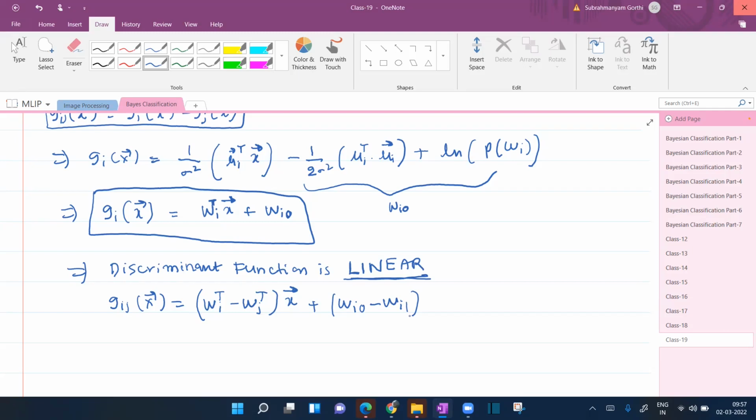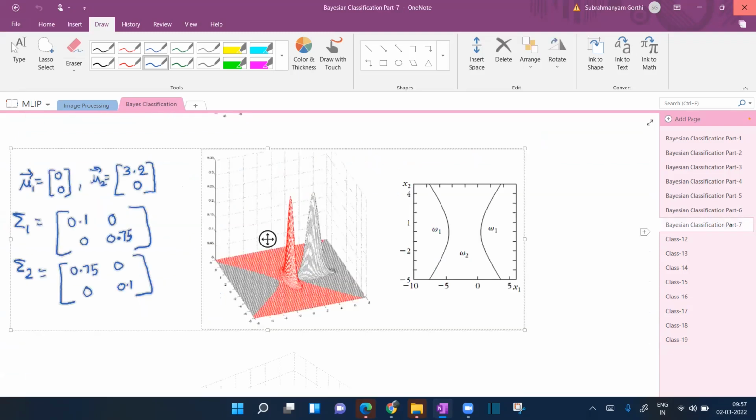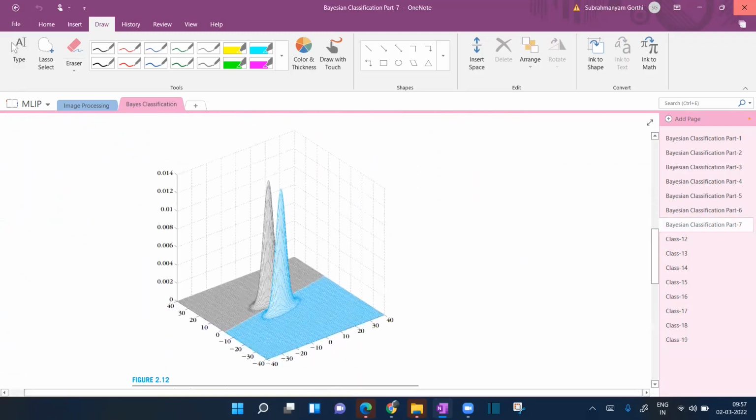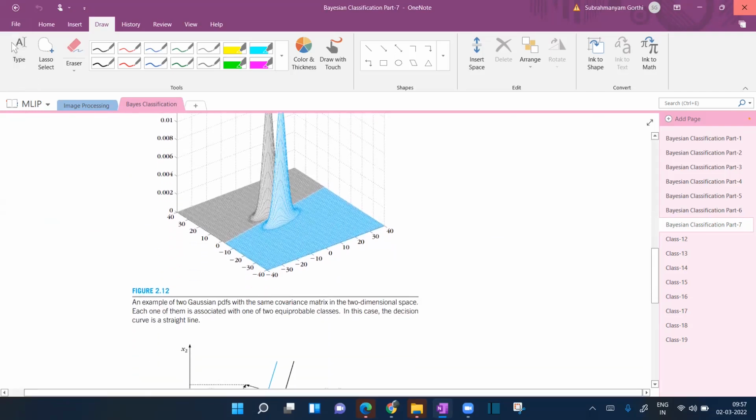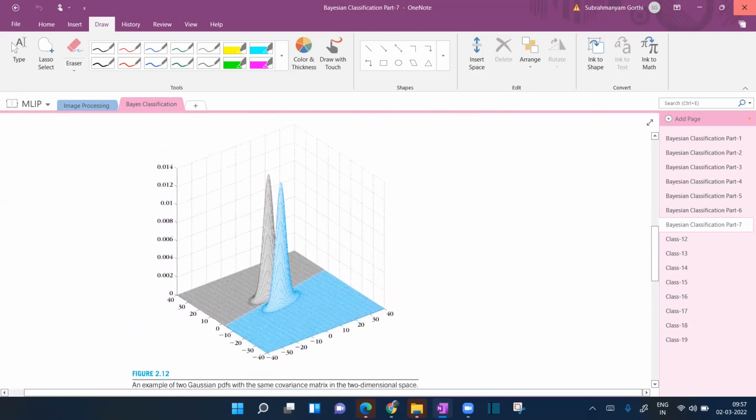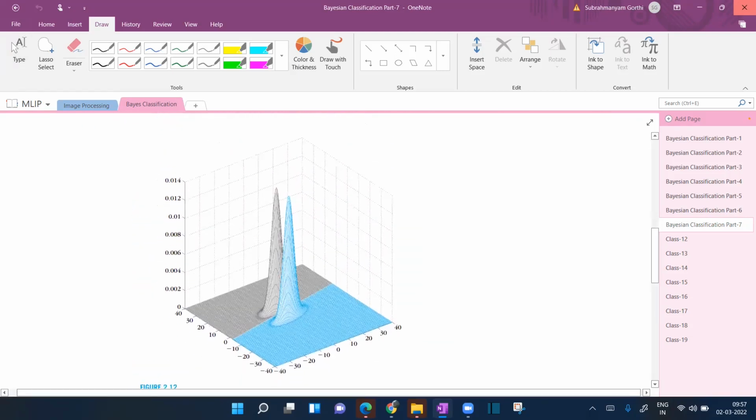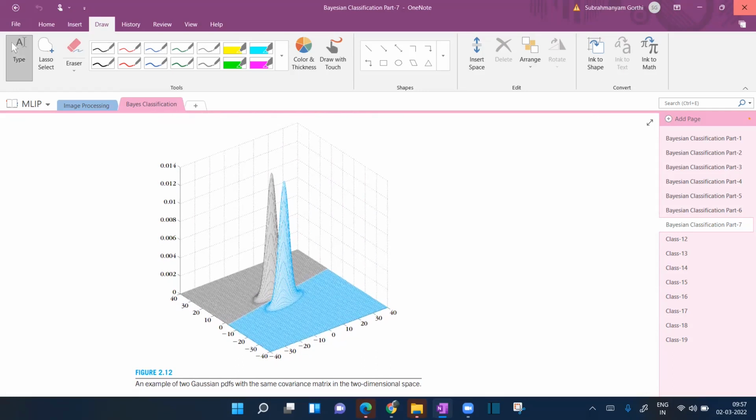Okay, so maybe in the interest of time, I have to stop here. Before that, I'll just show you one graph to convince you of this. These are the graphs that you are getting. Of course, I am not keeping here the exact values of the variances, but you could see that if you consider this as your x1 axis, you have high variance along the x1 axis and a smaller variance along the x2 axis.